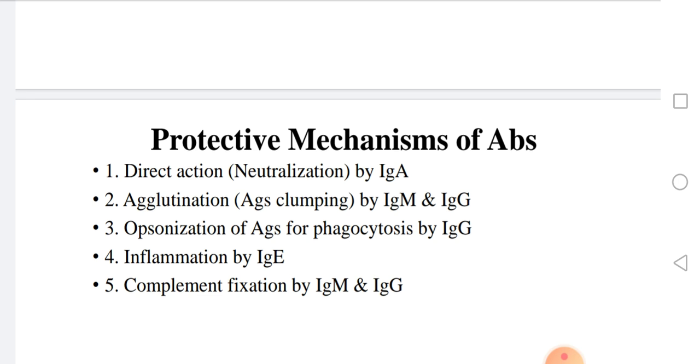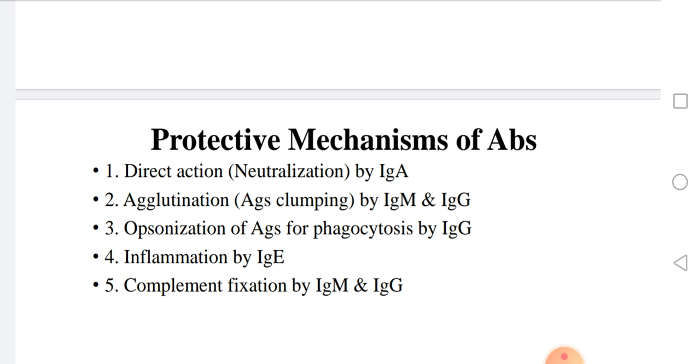The protective mechanisms of antibodies. Number 1, direct action or neutralization by IgA. By this, the IgA nullifies or abolishes the effect of the pathogen or the antigen. 2. Agglutination. Antigens clumping.